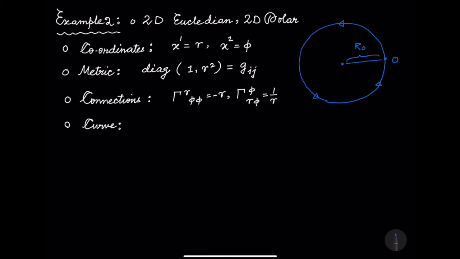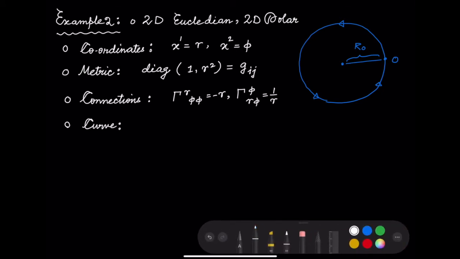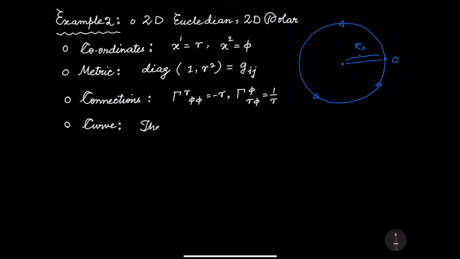The curve we restrict ourselves to is given by R equals capital R naught.